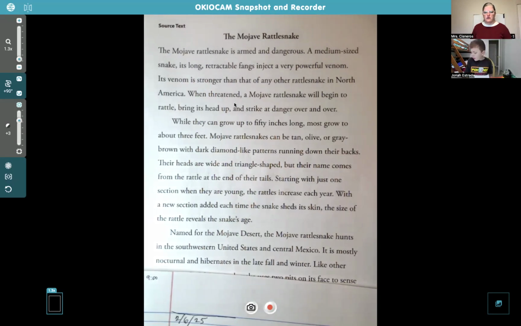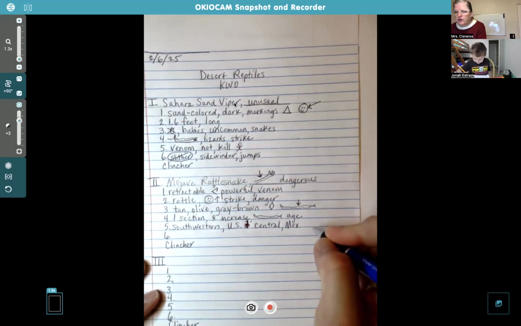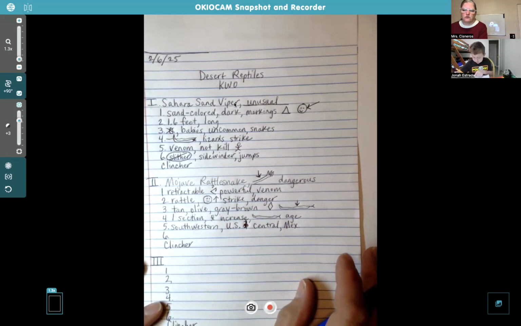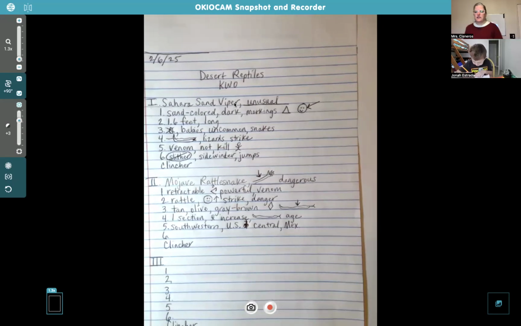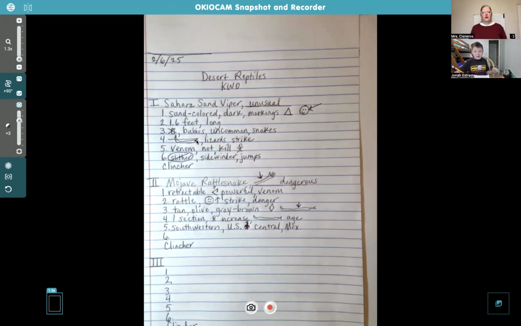So we could combine that: central, Mex for Mexico, and then the word nocturnal. It's up to you. I'm just making a suggestion. I don't know if we should add nocturnal because I don't have enough space on mine. Okay, we can keep it just like that. Sometimes that happens. Southwestern took up a lot of space. It's a big word.